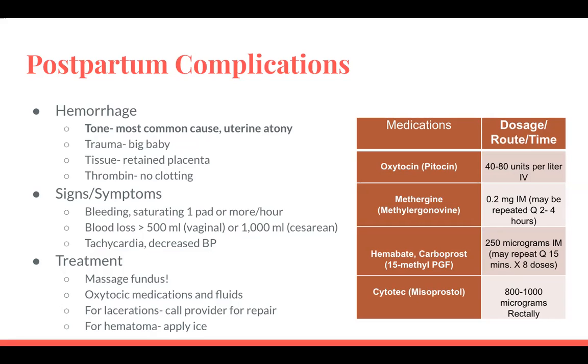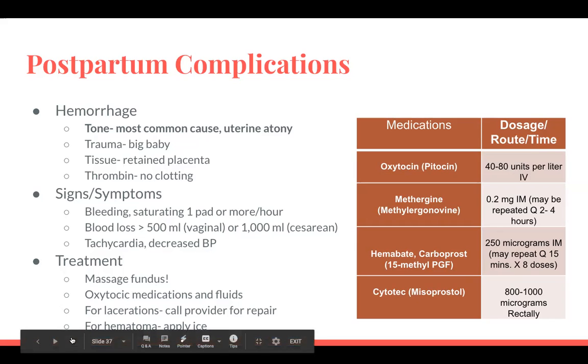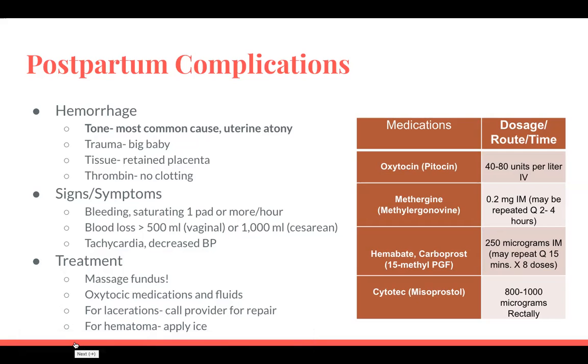Give those fluids to avoid hypotension and replace any blood loss or fluid loss. If there are any lacerations, call the provider for repair, and then for the hematoma, apply ice, acetaminophen, all that. And to the right are just some of your medications that I would definitely be aware of. You don't have to know the dosage, but know what they are for.